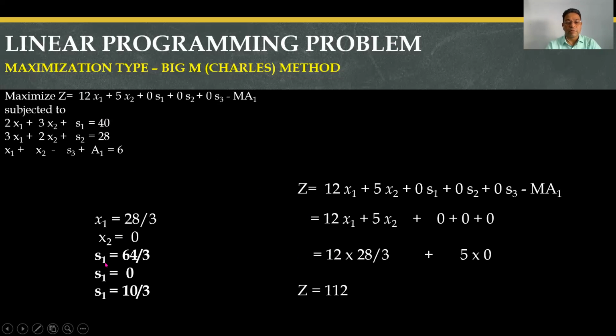Okay, so there is a correction here. It should be S2 and this should be S3. So we get Z is equal to 112. This is the final optimized value of Z by solving it by the BigM or Charnes penalty method.